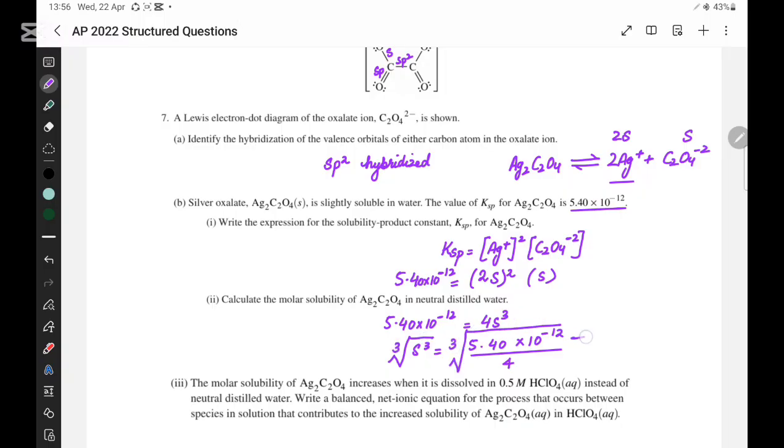So you are going to have the answer as S equal to 1.11 times 10 to the power minus 4 molarity.